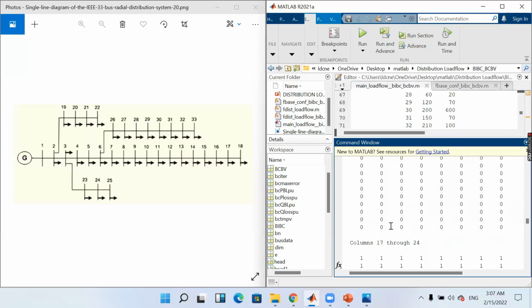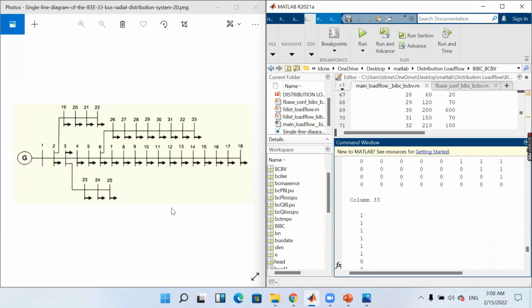Why is it so? Because the row tells us that for feeding the power of which bus, it must flow through bus 1.